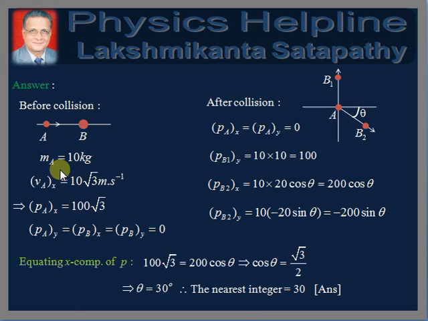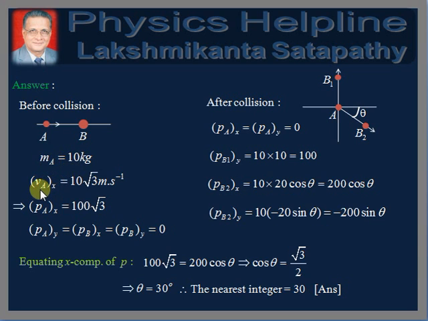Now, for the answer, we will apply the principle of conservation of linear momentum before and after collision. Now, before collision, the configuration is like this. Ball B is at rest, its mass is 20 kg, and ball A of mass 10 kg is moving along the x-axis with speed 10 root 3 meter per second.